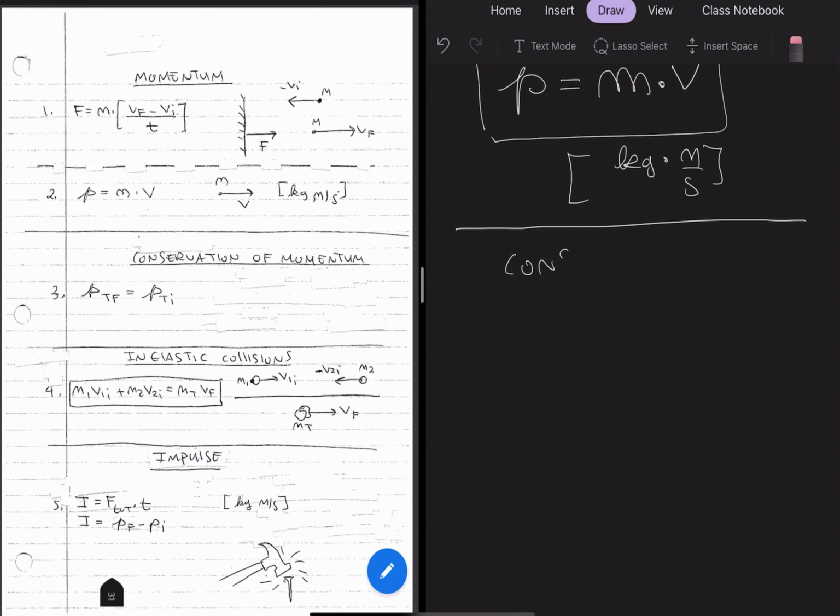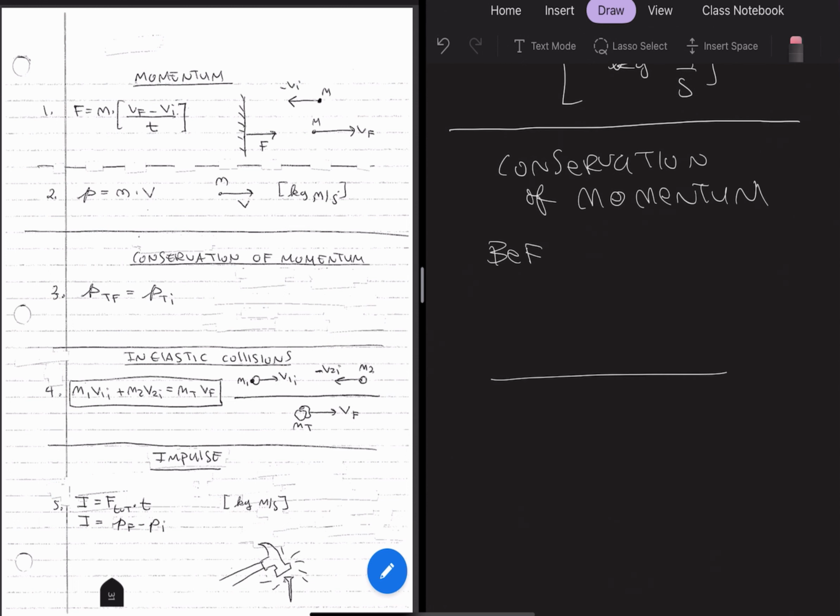And what it says is that if this is before the collision, and this is after the collision, and let's say that you have 2 objects, so you have object 1 and object 2, each with a mass. Object 1 is going to have a momentum P1, and object 2 is going to have a momentum P2.